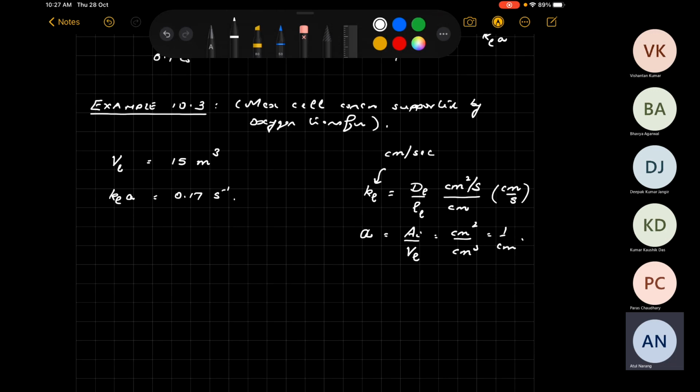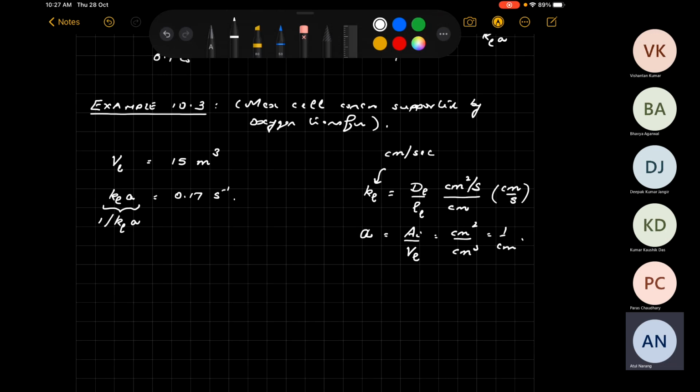So the moment you multiply KL by A, you end up getting 1 over time as your unit. And that's why it will turn out that this constant 1 over KLA is an important estimate of the speed of the transfer. Do you understand?